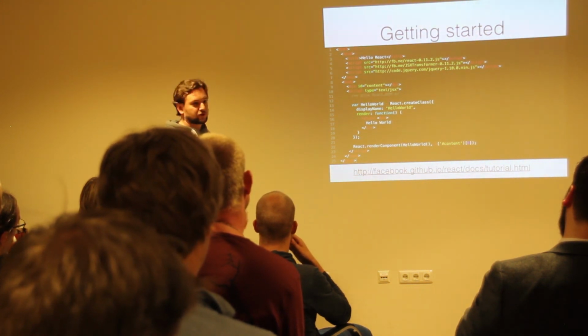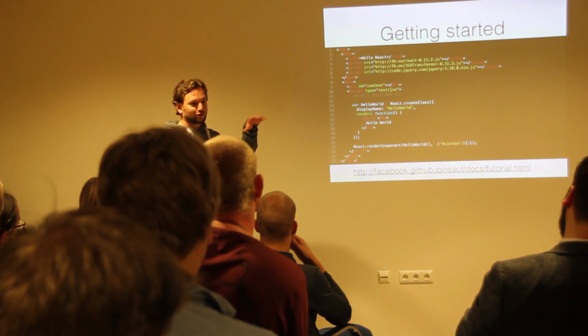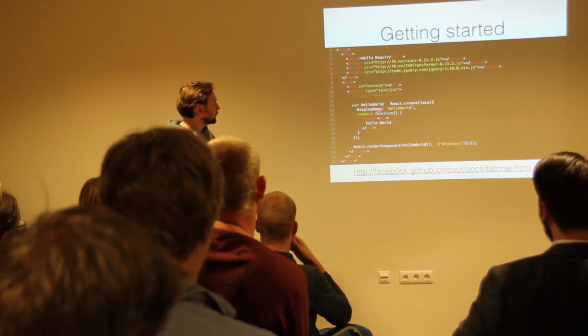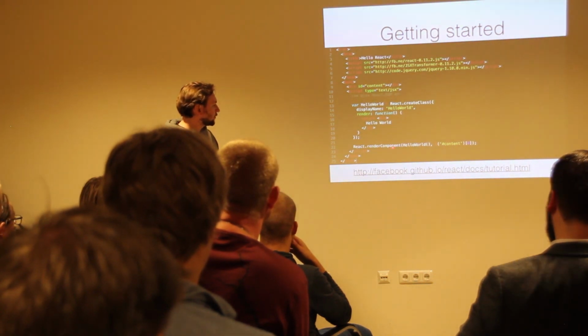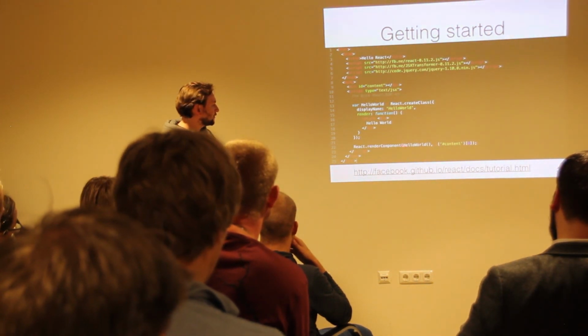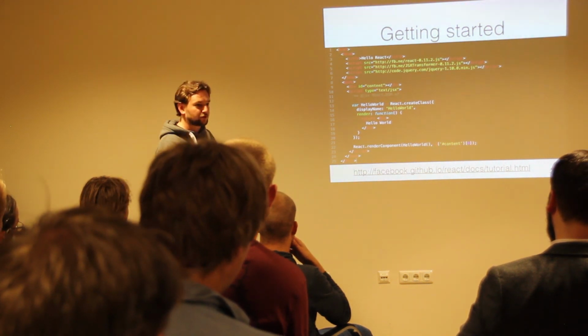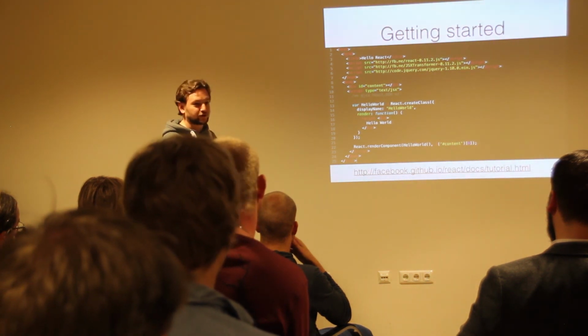This is the display name. It's used for debugging and to show it nicely and to reuse it nicely in other components. And this is the render function that outputs what the page should look like. And underneath here is the React render component. You see that a component is created, and here's a container to mount the component in your DOM. So the only thing that this does is show Hello World in a div on this page.